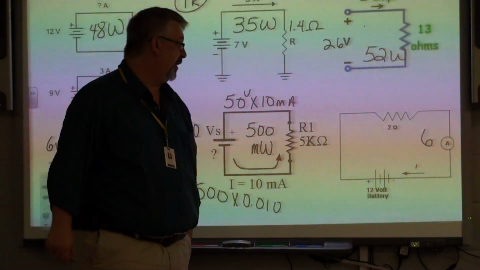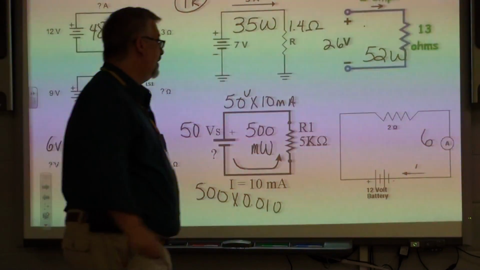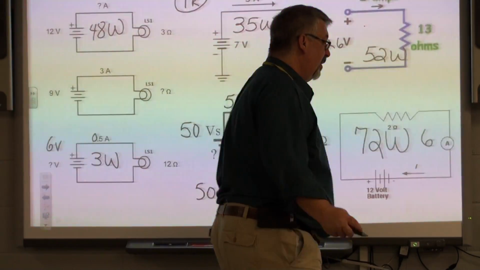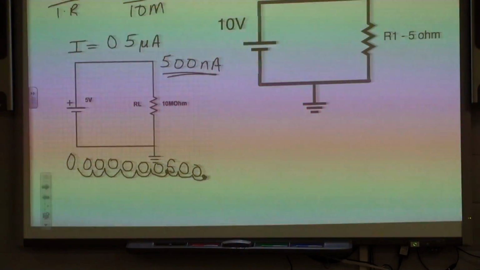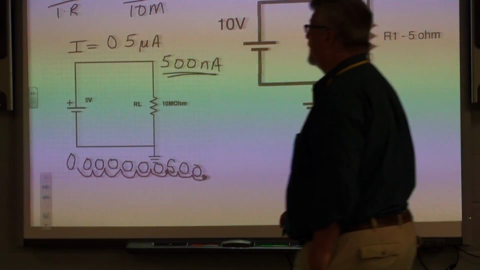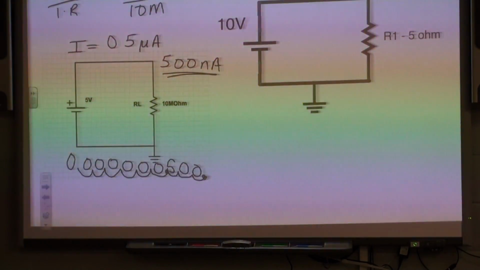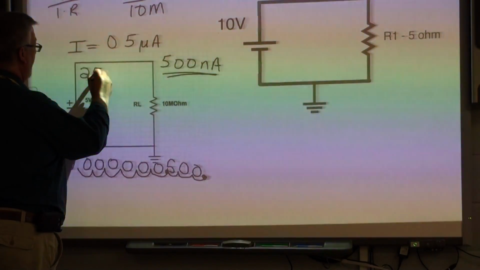All right, how about here? 12 volts, 6 amps, 72 watts. All right. How about here? I times E. It's still interesting. What's 5 times 500? 2,500.